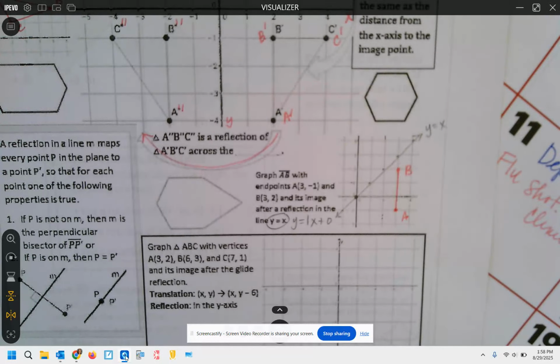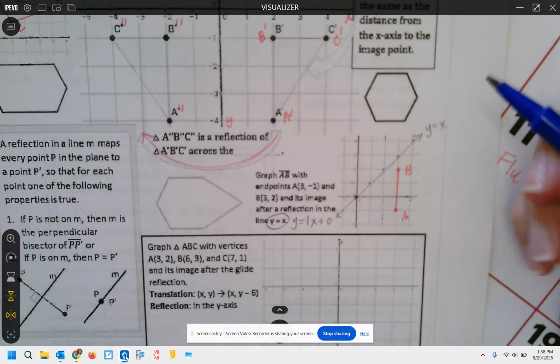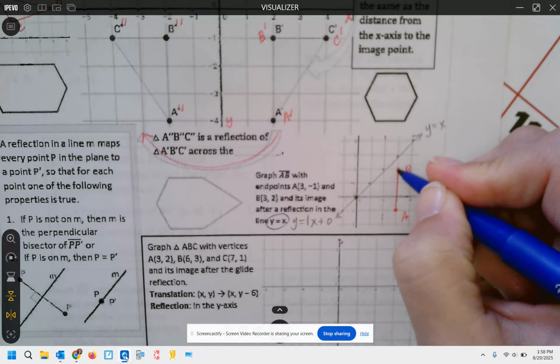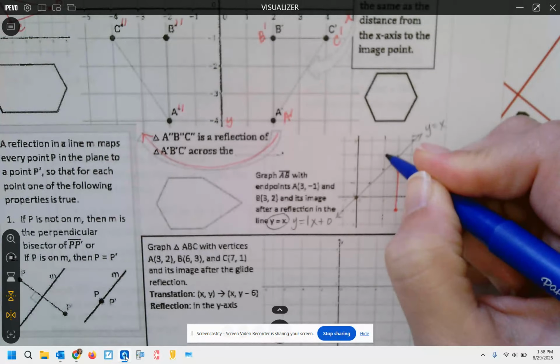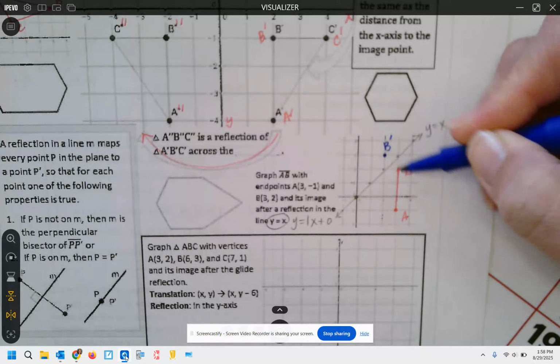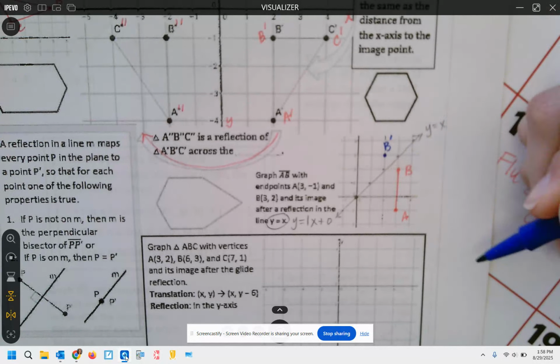To get its reflection, the image, A prime, B prime, you can kind of do it visually. So if I'm reflecting point B across this diagonal line, you could connect them with a diagonal line through this grid box.